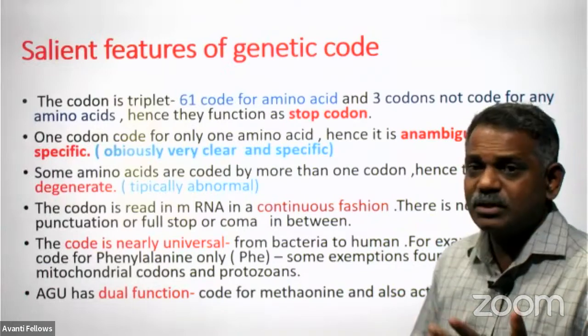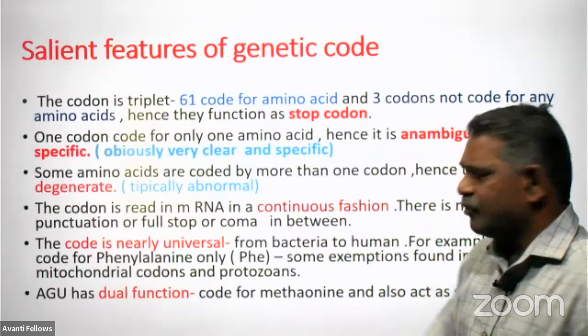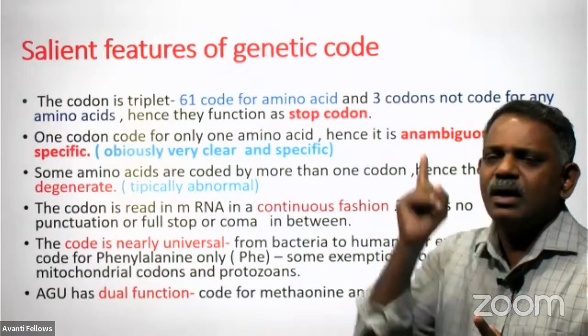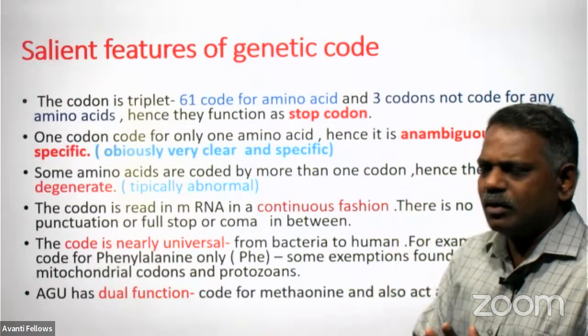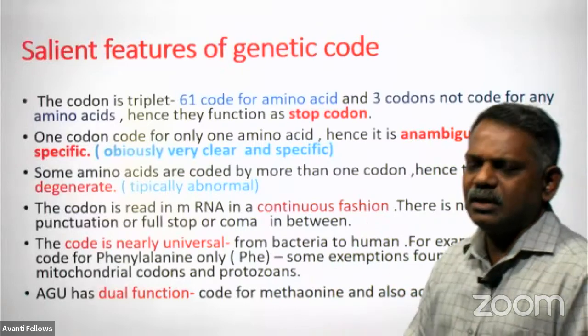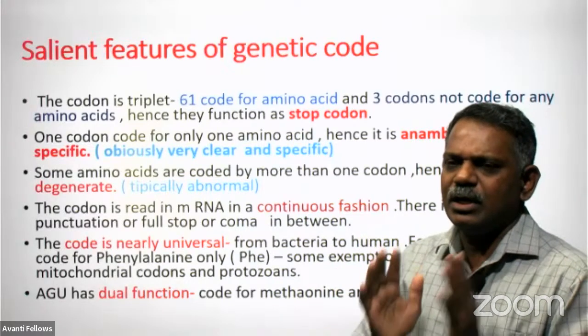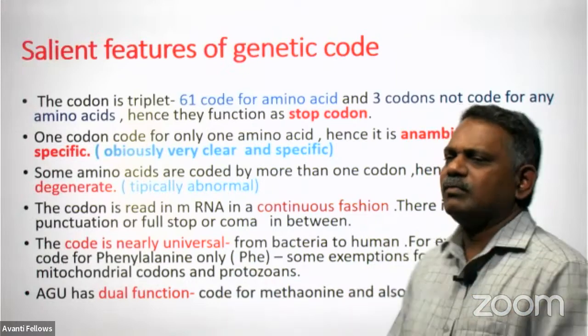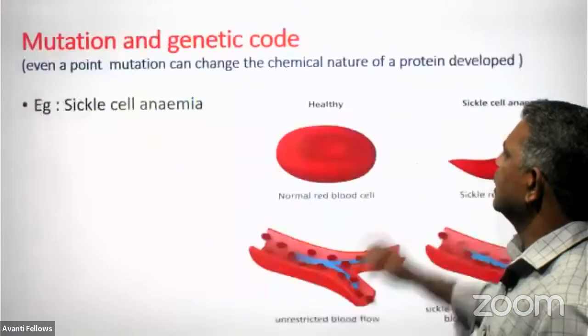What are the functions of AUG? It codes for methionine, only one triplet codon for methionine, that is AUG only, and also acts as the start codon. It is for initiating the process of translation, right?